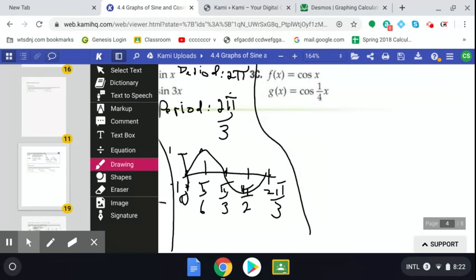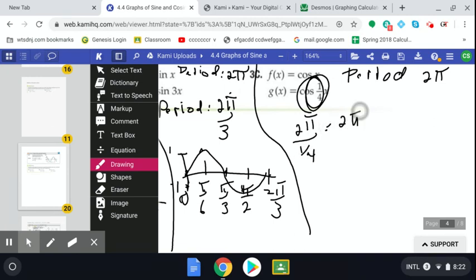Now we move to cosine x and cosine 1 over 4x. So once again, the period for this one is 2 pi. That's the parent function. This is b. So 2 pi over 1 over 4 is going to be the same as 2 pi times 4, which means the period is 8 pi.